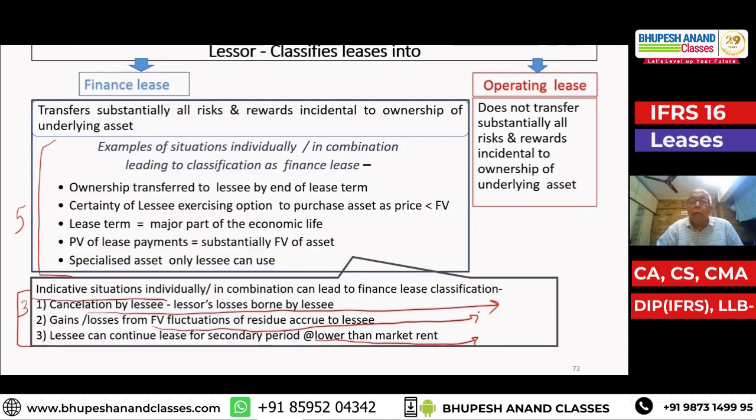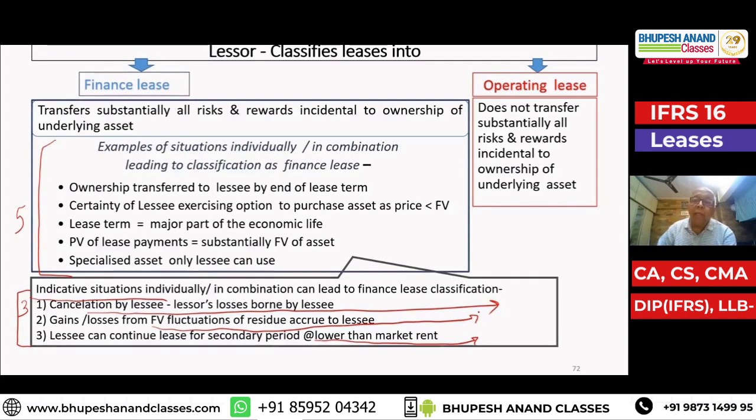So all 100 crores are recovered. Plus, you have the right to continue the lease for a secondary period for, let's say, 1 lakh rupees per annum as against 25 crore. So that is as good as the control is transferred and the full consideration is received. So when all the risks and rewards are recovered, that amounts to a finance lease.